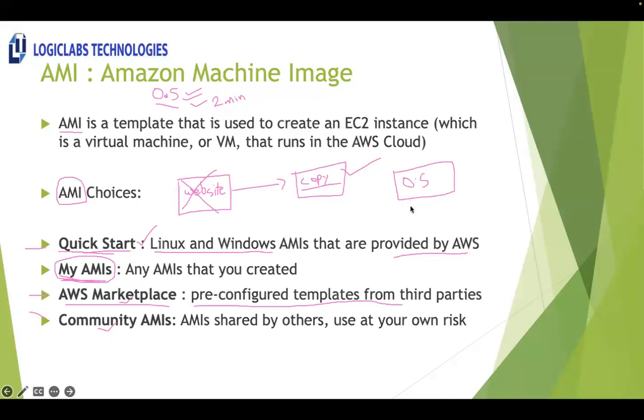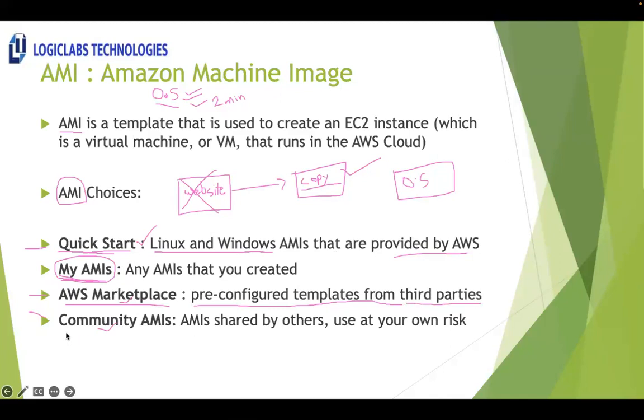First install the operating system, then select whether it is a web server, application server, database server, or game server, whatever it is. But in Marketplace AMI, the database is already installed, the web server is already installed. They will provide some extra software. That's why it is called AWS Marketplace, and it is not from AWS, it is from some third parties.